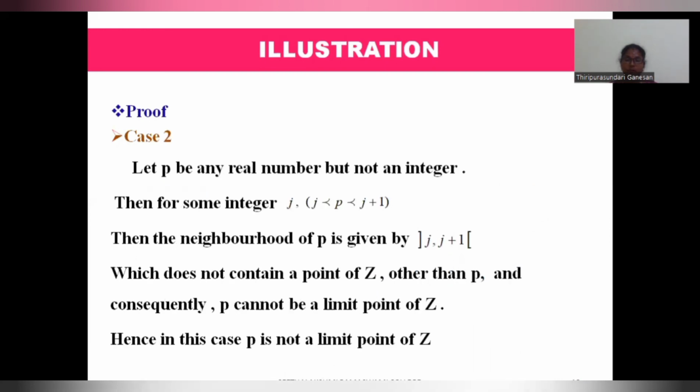In case 2, the chosen point P is any real number but it is not an integer. Then choose some integer J with the condition that J less than P less than J plus 1. Then clearly the open interval J comma J plus 1 becomes a neighborhood of the point P. This neighborhood J comma J plus 1 contains only the point P and no other points of Z. Consequently, P cannot be a limit point of Z. Hence, in this case also, P is not a limit point.